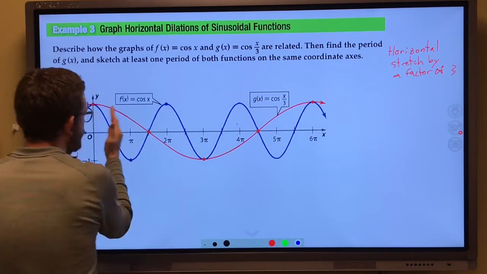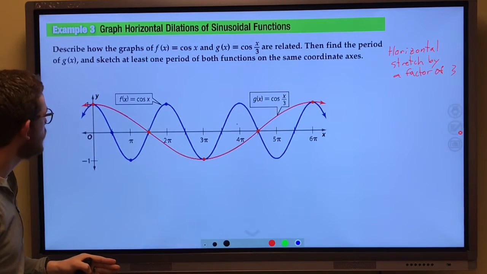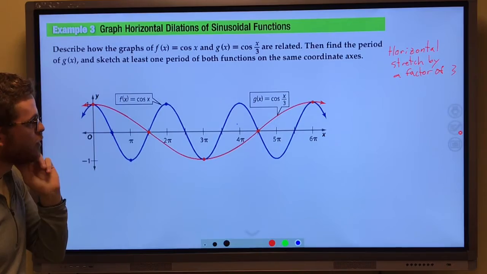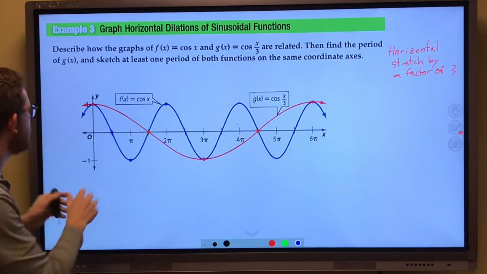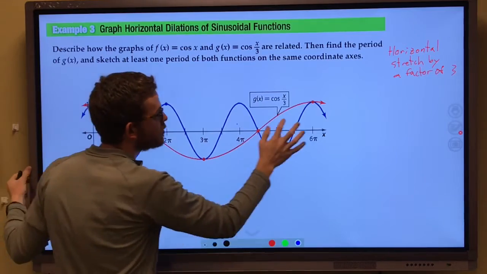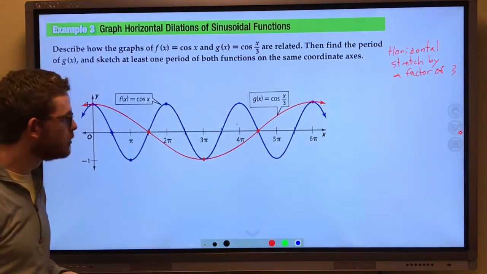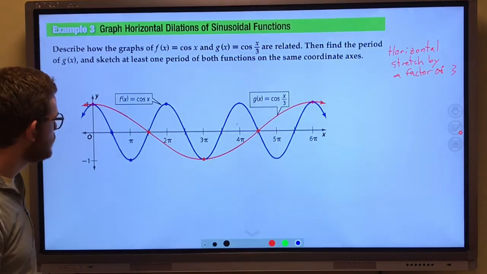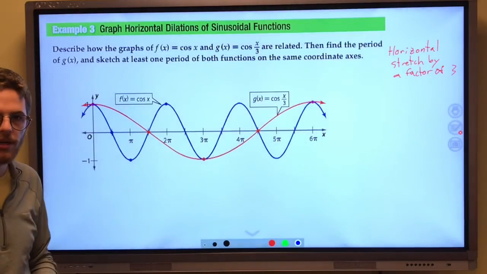Notice 0 to 2 pi, it's repeating that over and over again. But when we do that x over 3, that 1/3 x, it takes a full 6 pi to get back to that exact same height. Okay? Notice how that didn't affect the amplitude, it just affected the period.